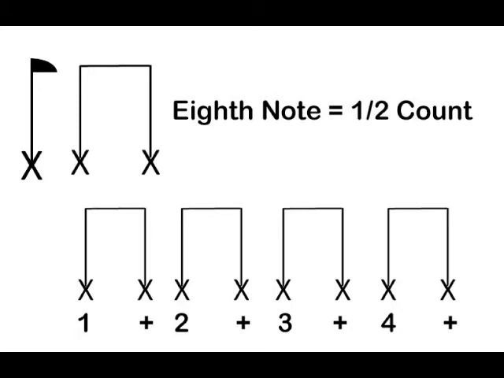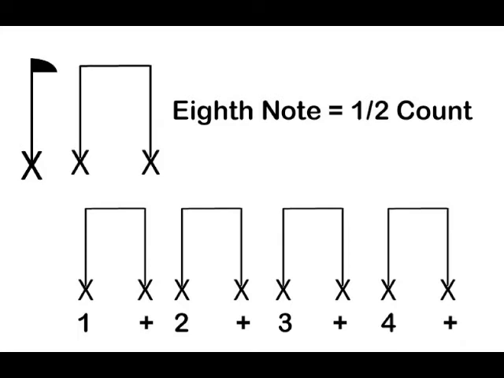So here's an example of a series of 8th notes that we will now play. Remember, play the first 8th note with a downstroke, and on the and, which is the little plus sign, play it with an upstroke. Here we go. 1, 2, 3, 4. 1 and 2 and 3 and 4 and.